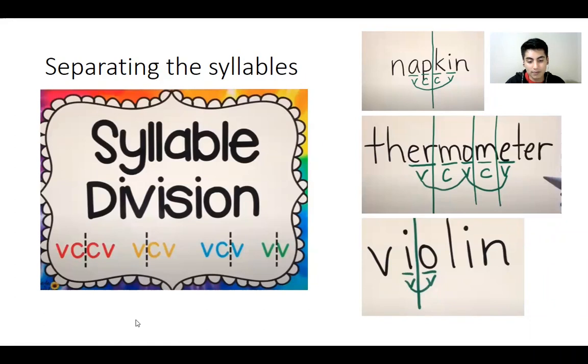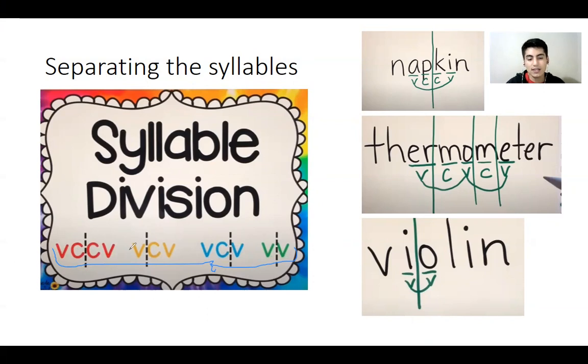Now that we have the elements of the syllable, we can identify them or divide them by these structures. The V stands for vowel and the C stands for consonant. So we can have the formula of vowel, consonant, consonant, vowel, with a division between the consonants.